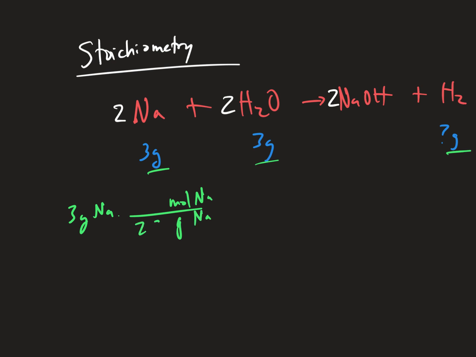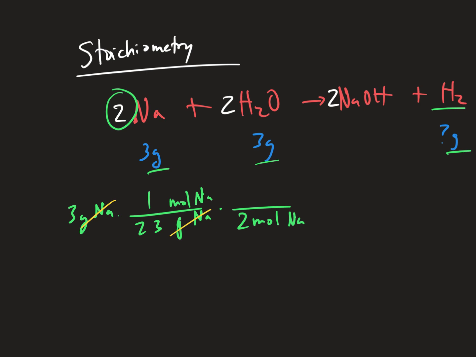So 23 grams to 1 mole. Does everybody understand how we got that? Molar mass of sodium. Okay. So grams goes away. Now, what goes on bottom? 2 moles of sodium, so that cancels moles of sodium, right? And we're going to moles of H2. That's what we're looking for.